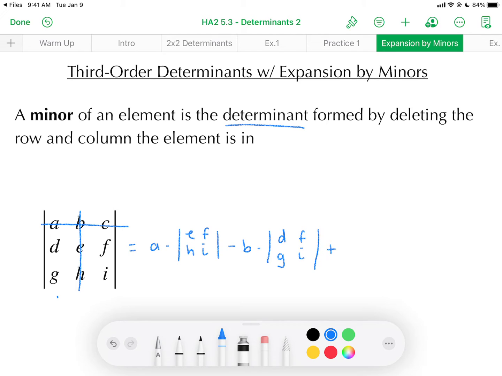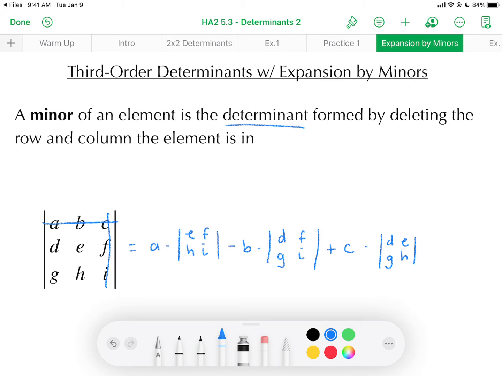Follow that up with a plus sign, and then I'm going to use element C multiplied by its minor. Now the minor for C would come from deleting first row, third column. You'd be left with D, E, G, H.